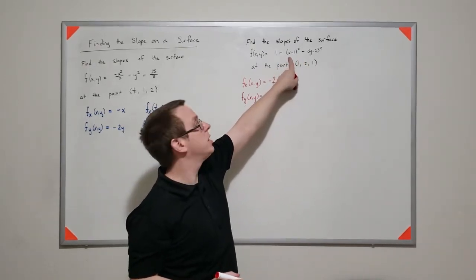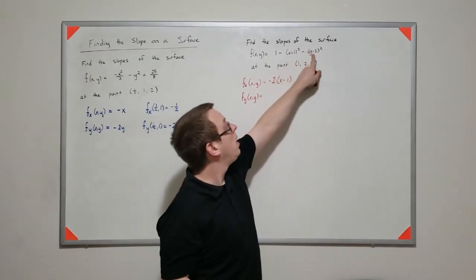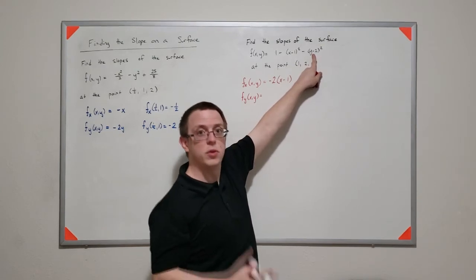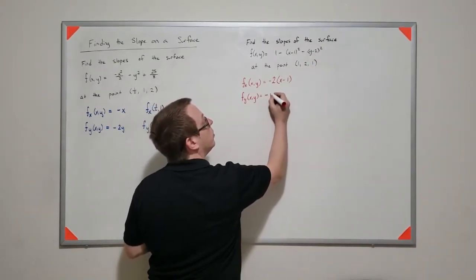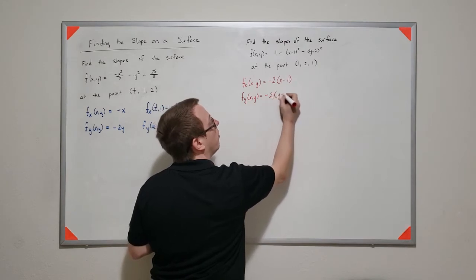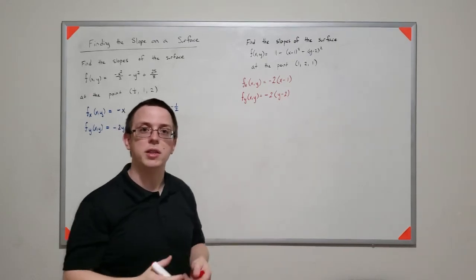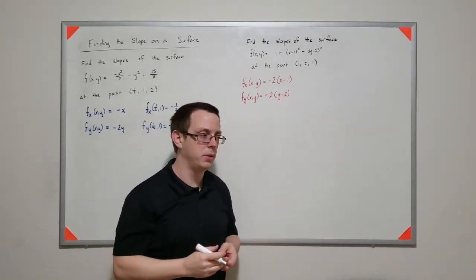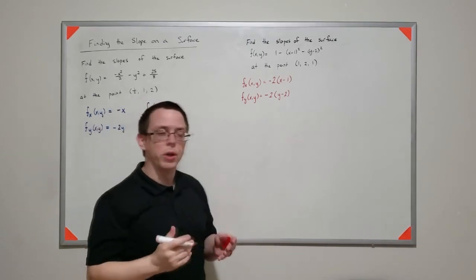So the partial with respect to y, this doesn't have any y's in it, so it's a constant for practical purposes. And then we have this thing, which does have y's in it, so we have to bring down negative 2y minus 2. And then again, the chain rule would take the derivative of the inside, the derivative of y minus 2, which is just 1. So then we want to plug in the points.